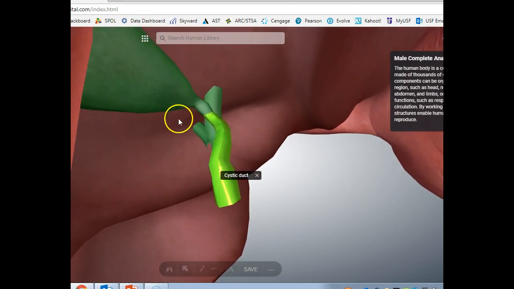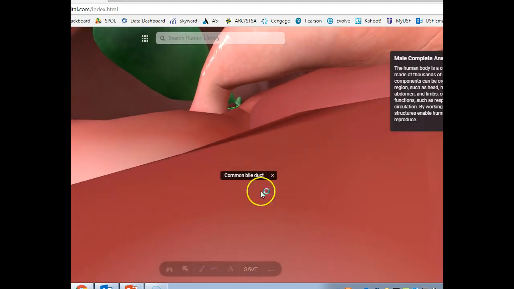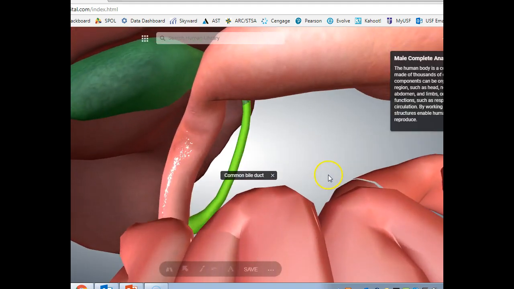Okay. And then the last one that we have is going to be the common bile duct, which this does not show you. There it is. So here's the common bile duct right here. So this is the conjoining of the cystic and the hepatic ducts.